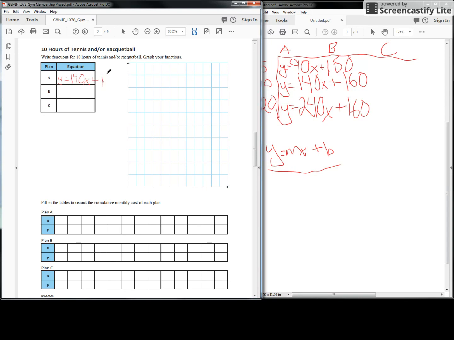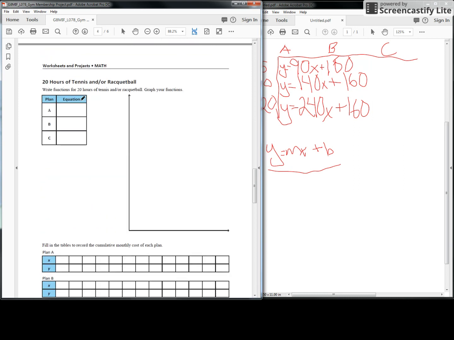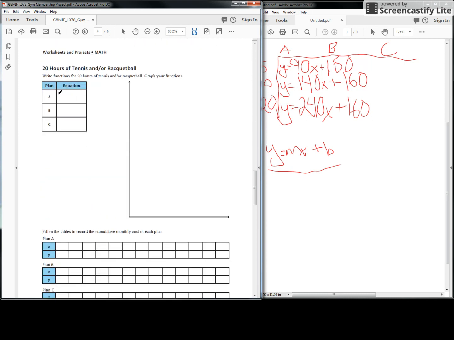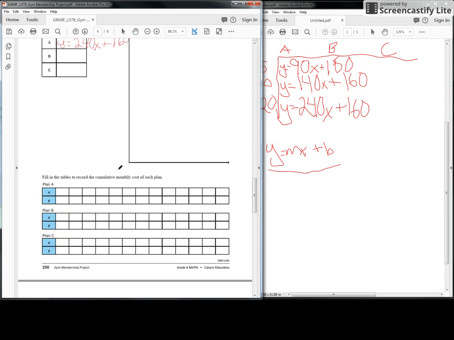And then if you really, really like tennis and racquetball, your equation is going to be y equals 240x plus your registration fee of 160. Okay, so that is the first step. We've worked through Plan A's equations.